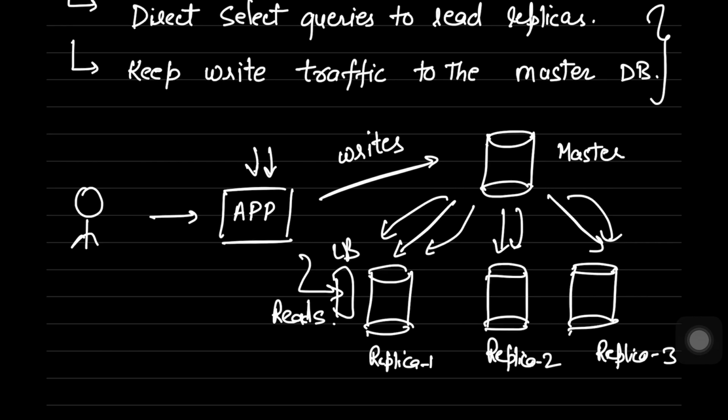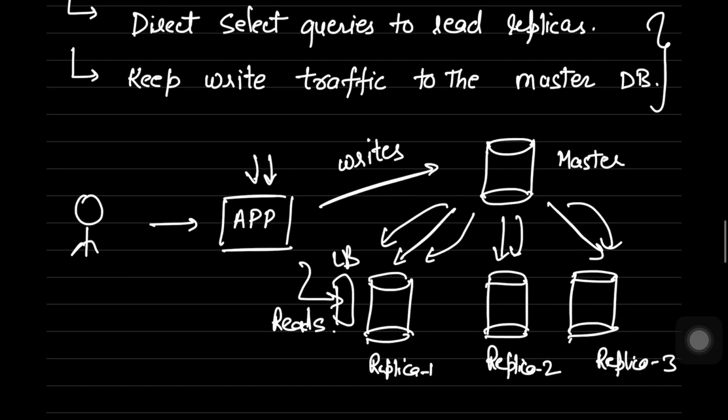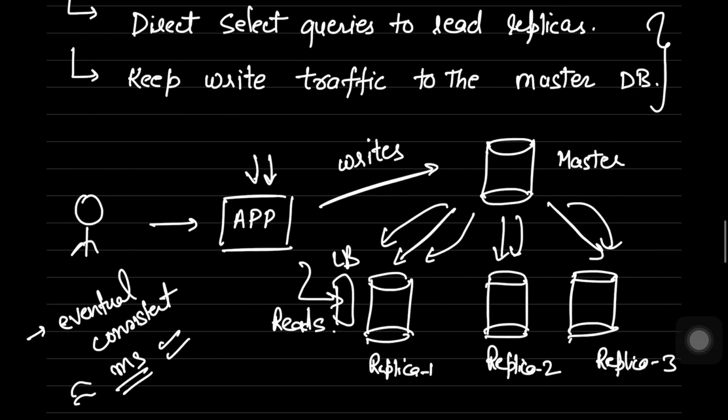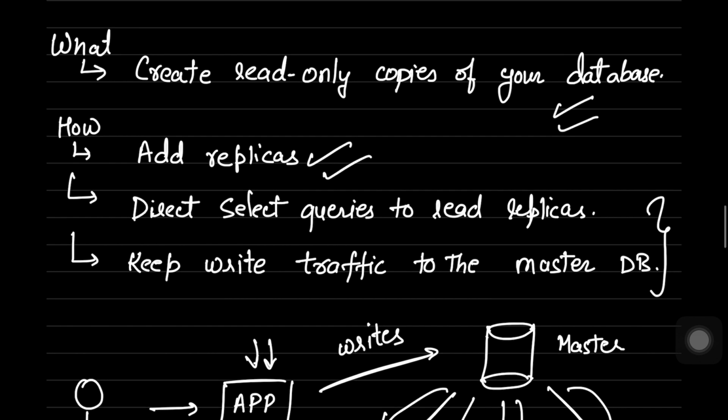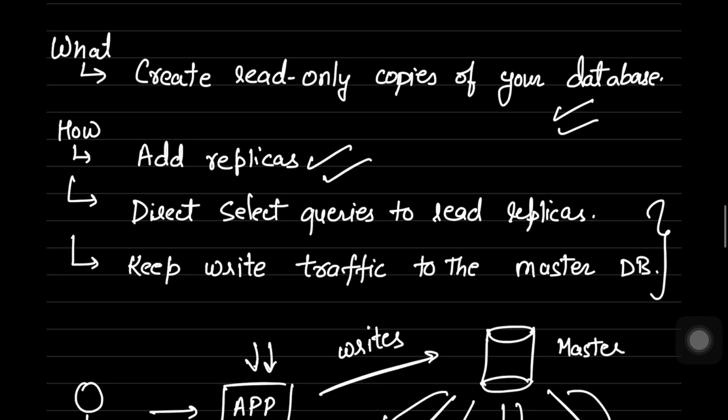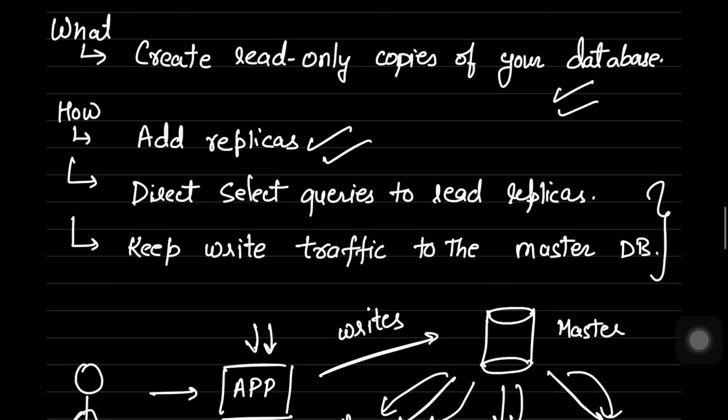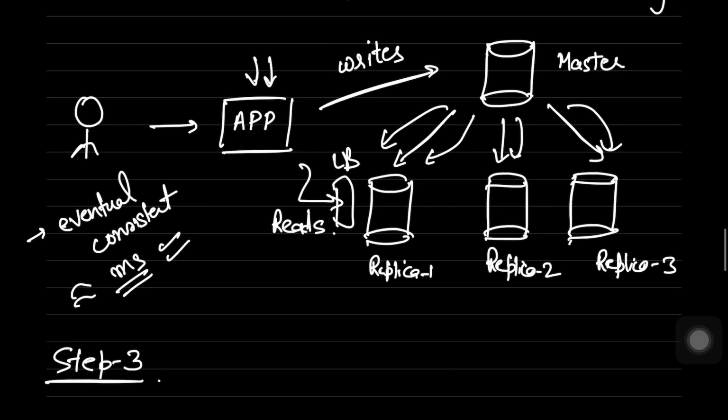Again, it's very configurable. But in most scenarios, it becomes a little bit eventually consistent. The lag is very low, in the order of milliseconds. So most of the time this is fine. If you read about the different architectures for read scaling, this is one of the best techniques used in the industry.